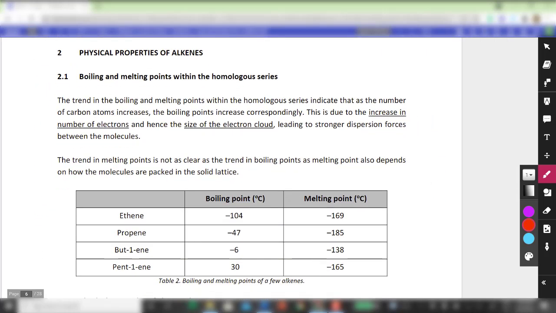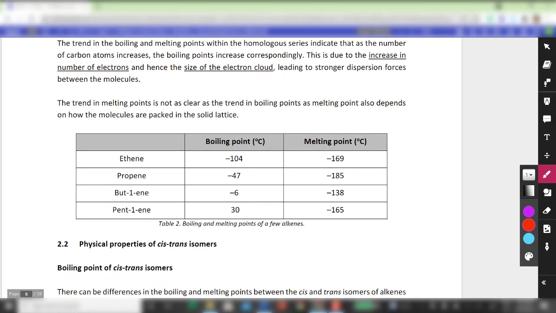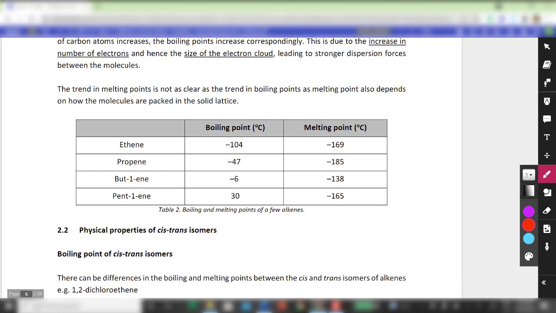Similar to alkenes, the physical property is related to the strength of the intermolecular forces of attraction between the molecules. In this case, because they are all non-polar, you expect dispersion forces to exist between the molecules. So you see that the boiling point and melting point generally increases.